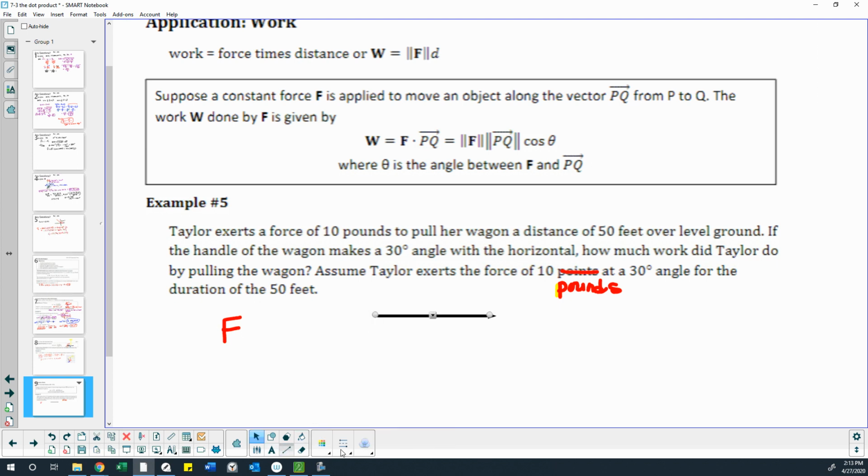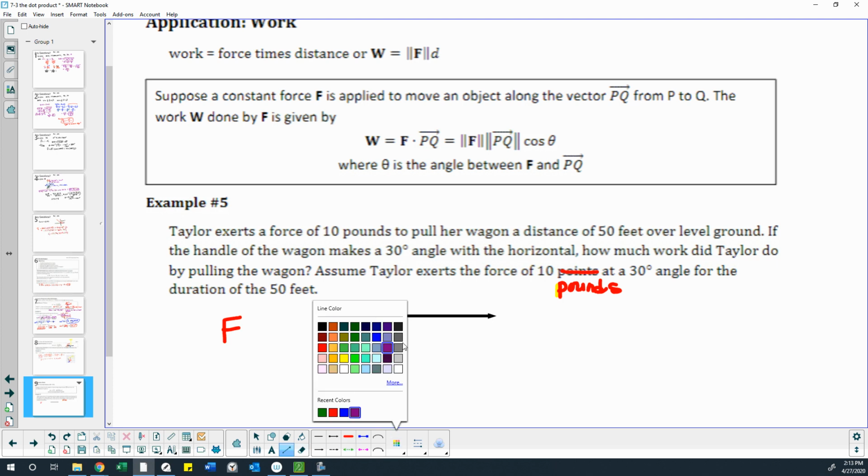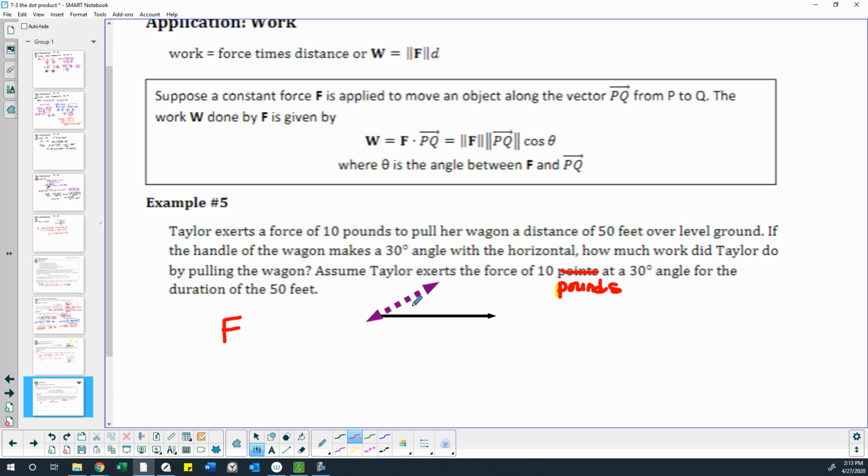So this is 30 degrees in here. That's the direction the force is being applied to move it this way. So this is going 50 feet. That really is just our magnitude right there, isn't it?